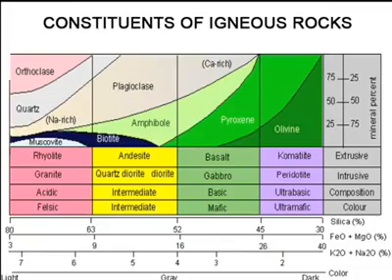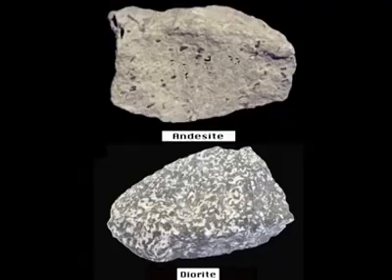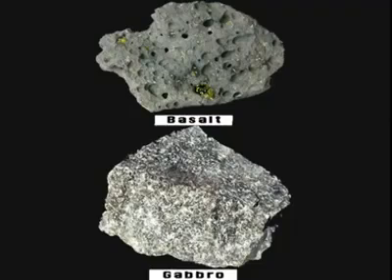Here are snaps of the 4 main types of intrusives and their extrusive equivalents. Both have the same mineralogic composition, but the crystals of the extrusives are much smaller, generally not distinguishable to the naked eye.